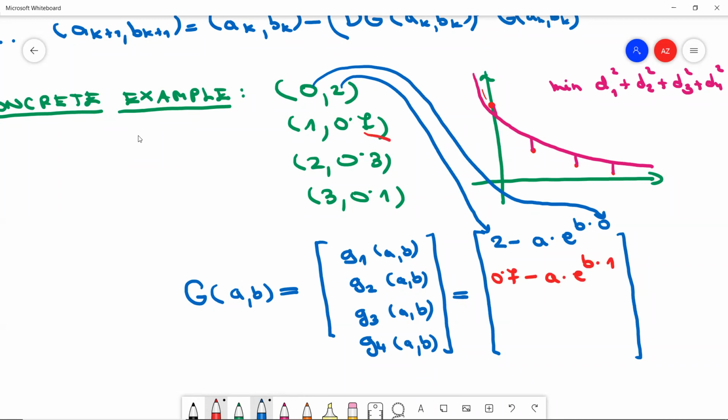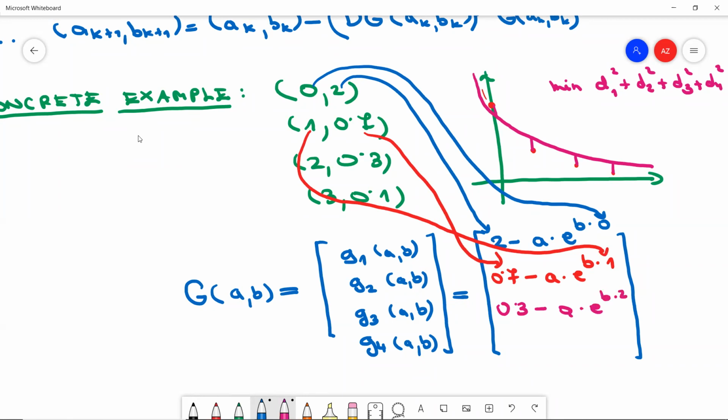This is y, and then 1 for x. And so on. So 0.3 minus a times e to the power of b times 2, and 0.1 minus a times e to the power of b times 3.